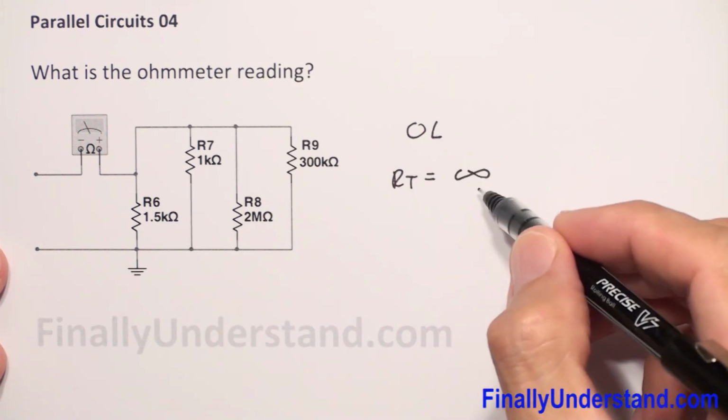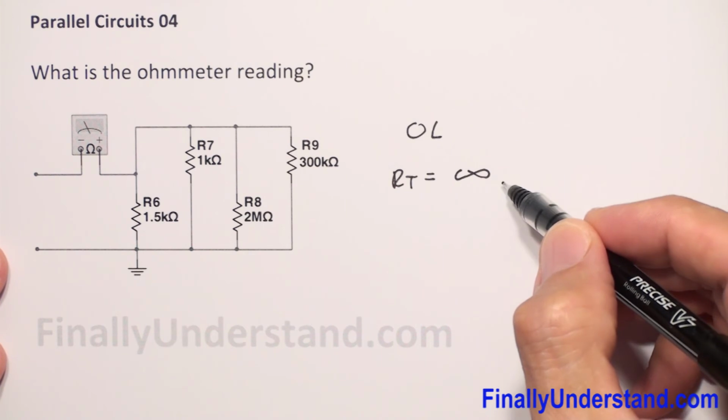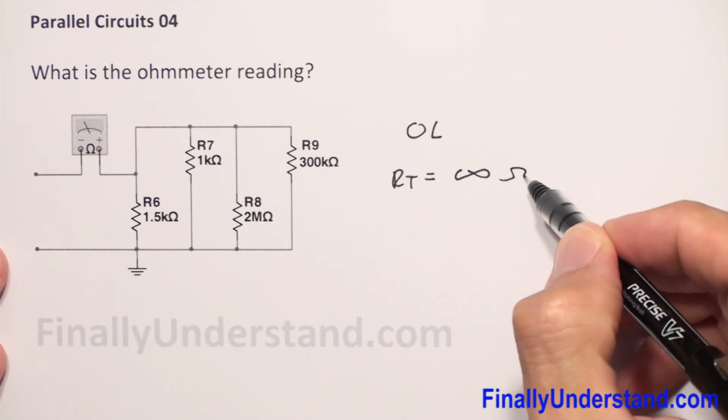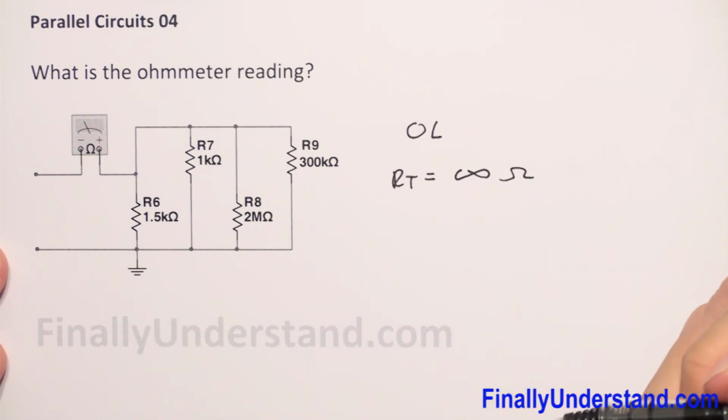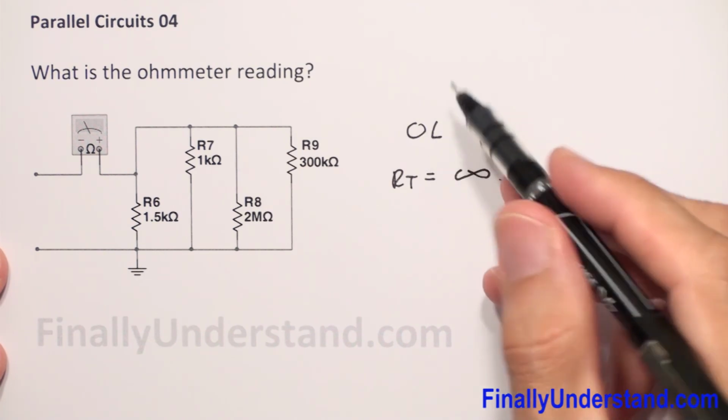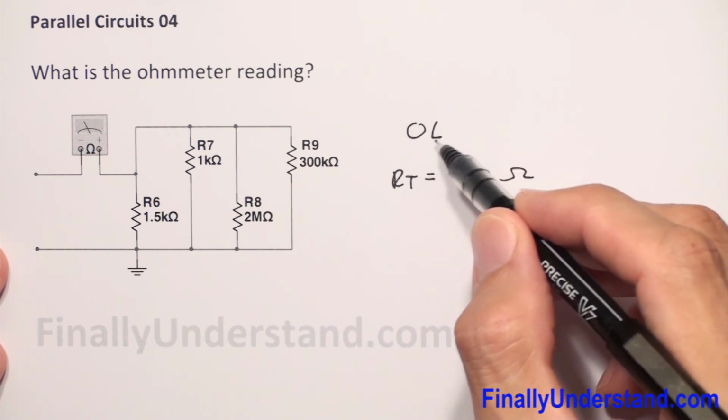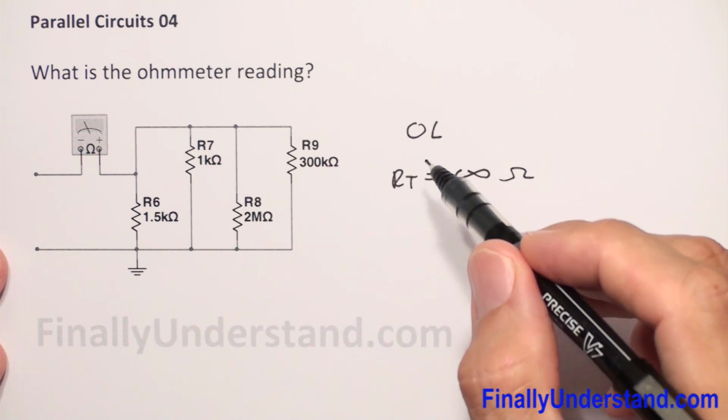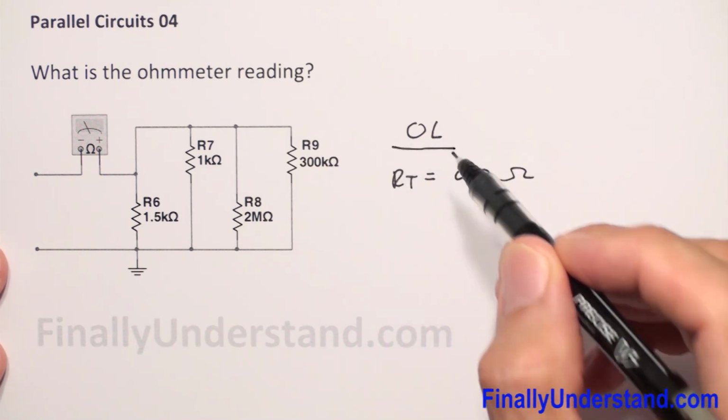So the total resistance is infinity, okay. Of course we can say ohms because we talk in terms of resistance, but the meter is going to show me OL, which stands for open loop, and this is the solution to my problem.